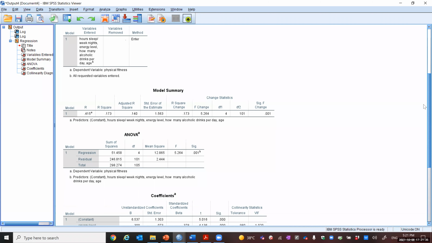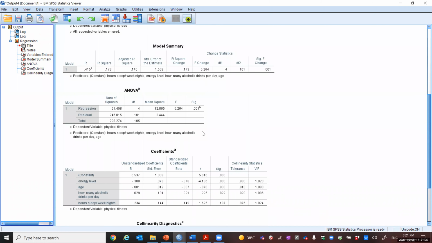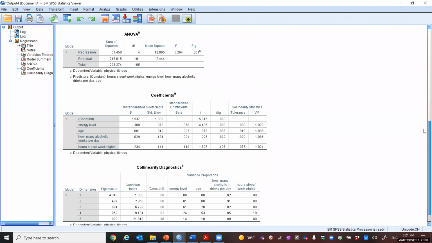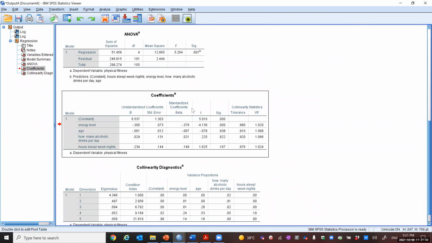Okay, going down, this is an ANOVA table, forget about this. Now this is the table which is of interest to you. You can see here in the first column all the predictors, all the independent variables of your model. You have energy level, you have age, you have how many alcoholic drinks per day, and hours of sleep per night.